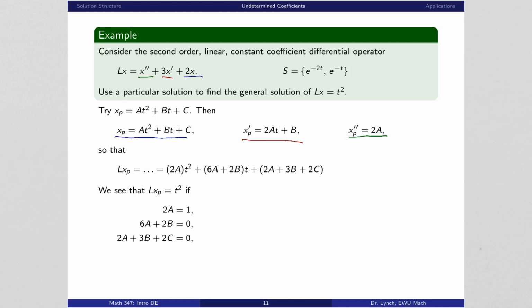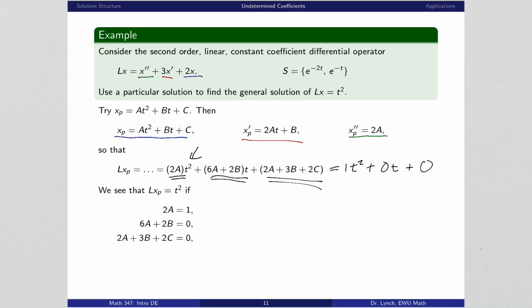In particular, we can see that polynomial turns out to be a quadratic. Here I've organized our terms in descending order. Now what we'd like for this quadratic is for it to equal t squared, or in other words, we'd like Lx sub p to be 1t squared plus 0t plus 0.